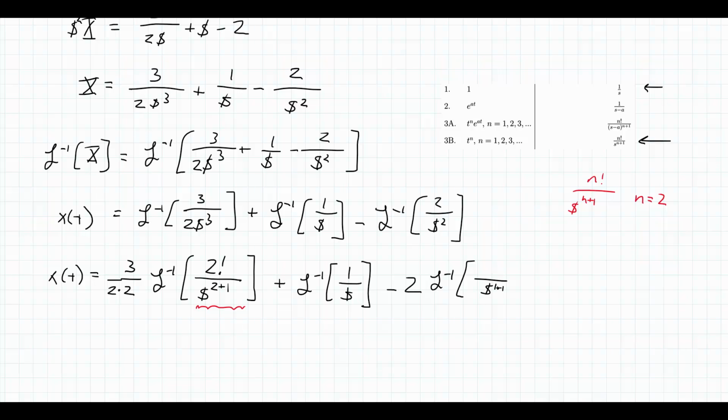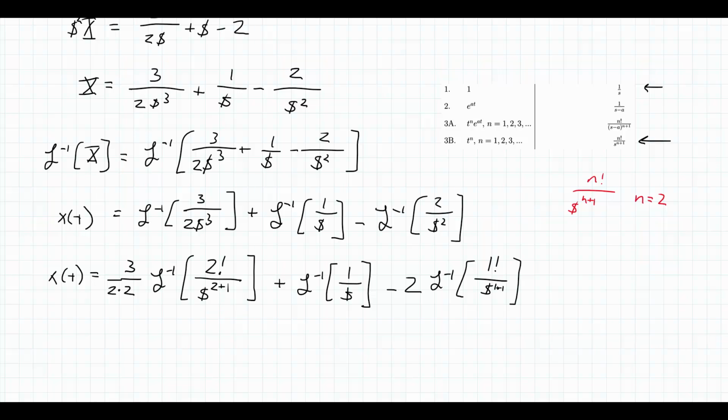So again, it looks like 3b. I just have to make sure that I manipulate it so that it is going to look just like what we have on the right-hand side. So if it's s to the 1 plus 1 power, n is 1, so on the top I need 1 factorial. Well, 1 factorial is just 1. So actually in this case, I pulled the 2 to the outside, I multiplied the top by 1, so I haven't changed anything about it.